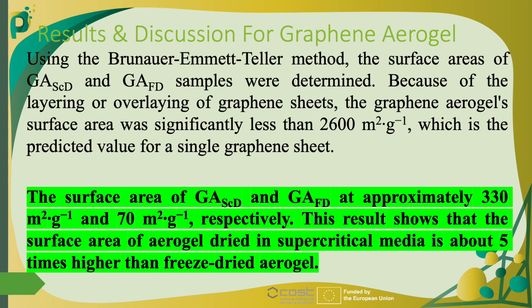The surface areas of the supercritical dried and freeze-dried graphene aerogels are approximately 330 and 70 meter squared per gram, respectively. This result showed that the surface area of aerogel dried in supercritical media is about 5 times higher than freeze-dried aerogel.